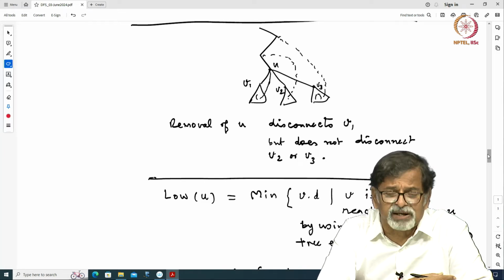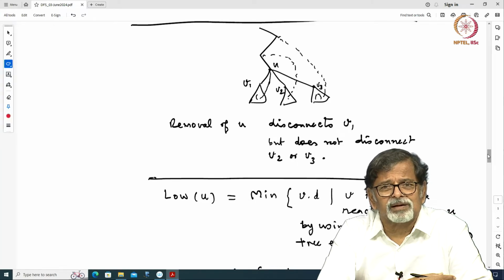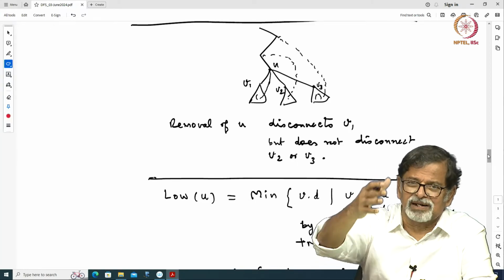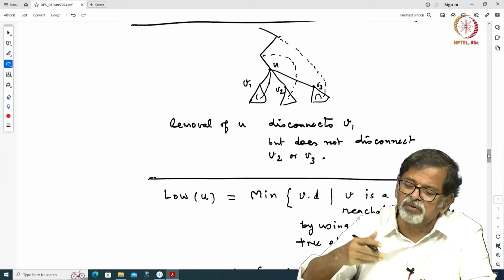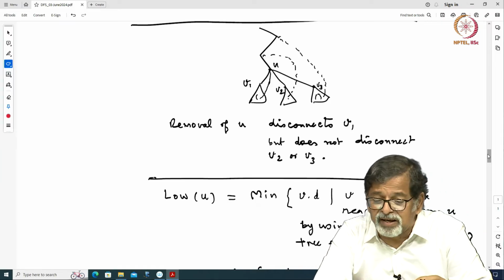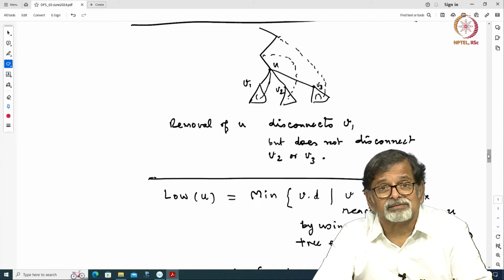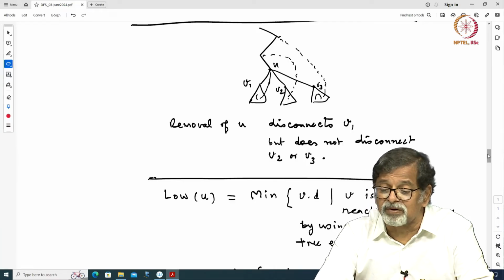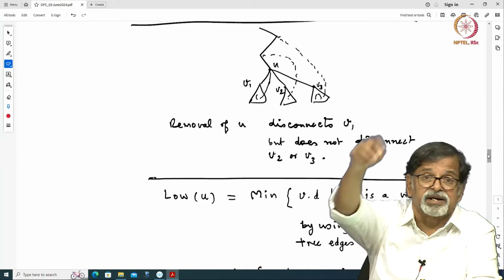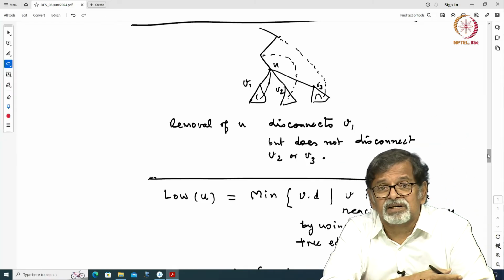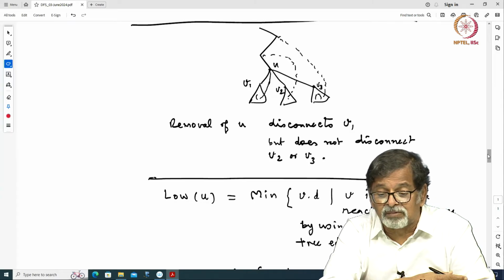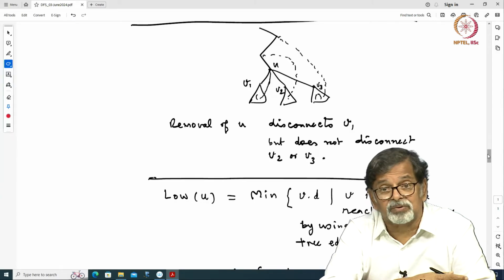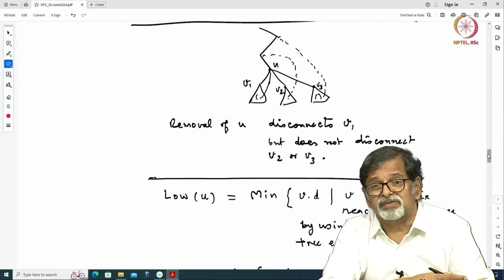Suppose you have a child that does not have child, or its descendant does not have a back edge taking you beyond u, like in this picture V1. But for V2 you can see there is a back edge from a descendant of V2 going all the way up. It will be going over and above u. Similarly V3.